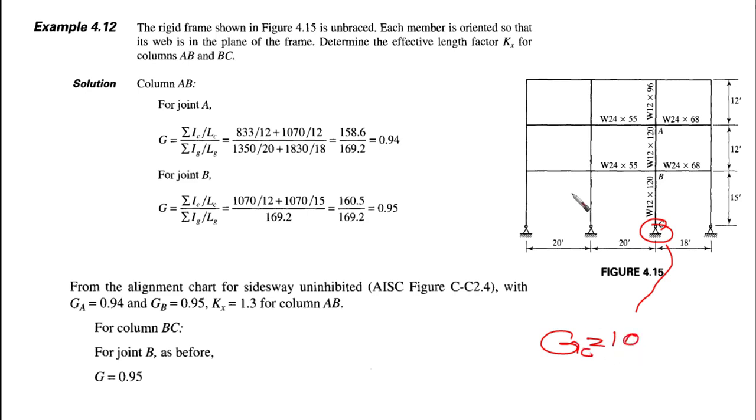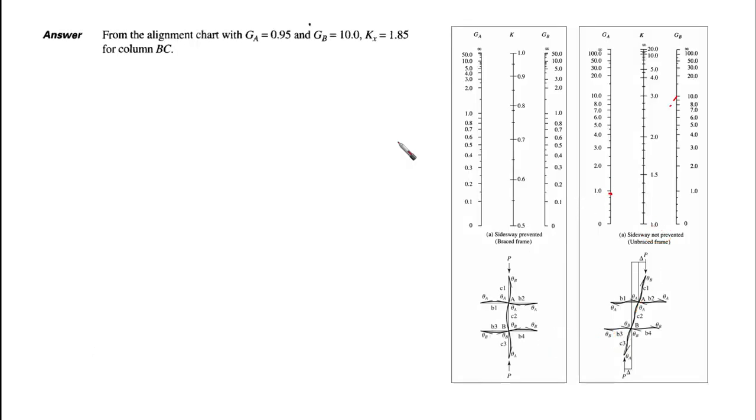Then we are going to enter the alignment chart with G. Yes, I think there is a mistake here in the textbook. I think this is supposedly to be GB, and this is supposedly to be GC. Because we are talking about column BC, you're going to find this in the textbook, so maybe it's a kind of mistake here.